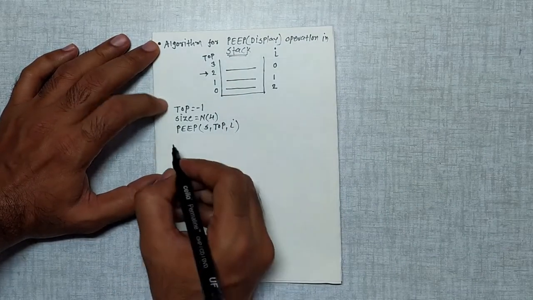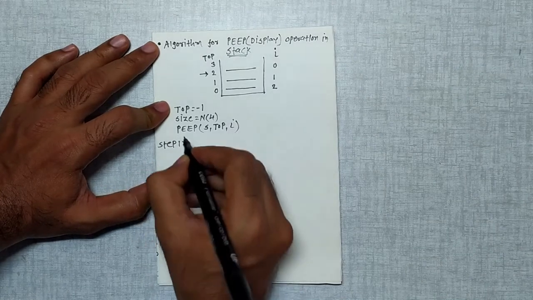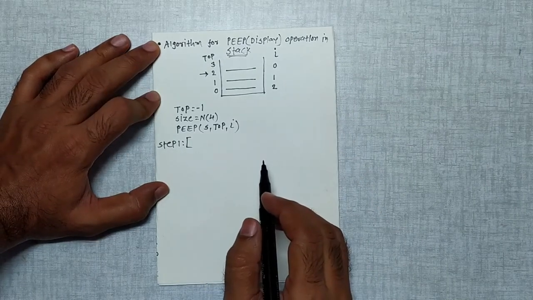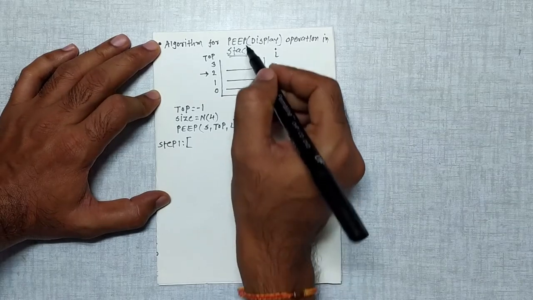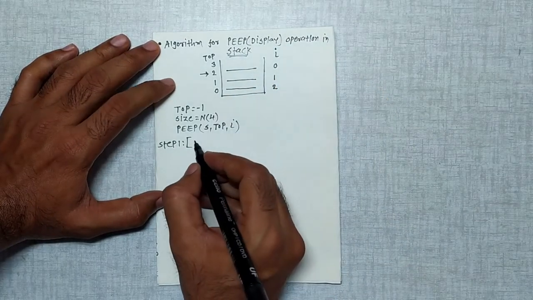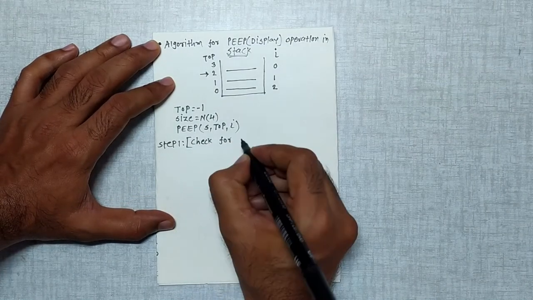So write down step 1. In step 1, first we need to check whether your stack is underflow or not. If the stack is underflow we cannot perform the peep or display operation. So check for underflow.